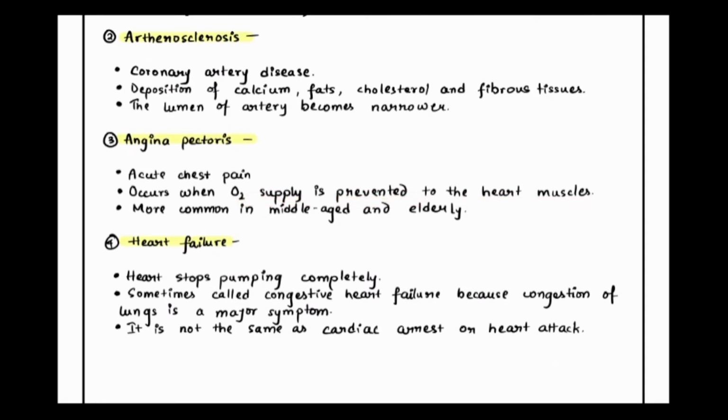So oxygenated blood does not flow properly into the heart muscles, and hence the heart muscles cannot respire, they cannot function properly, and hence there would be a chest pain. Now, it is more common in middle-aged and the elderly, and it is not so much found in the younger people.